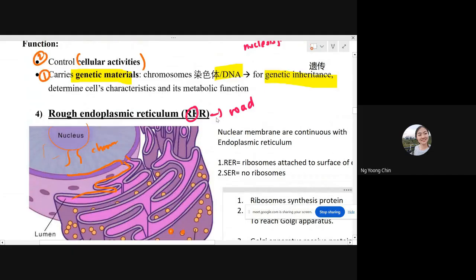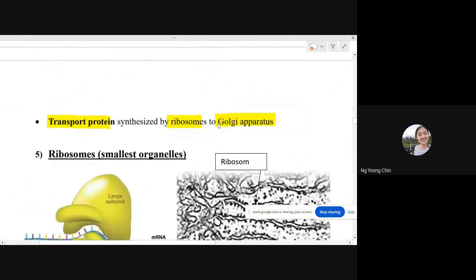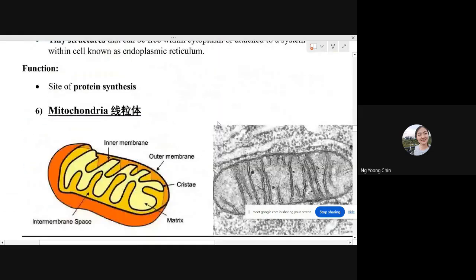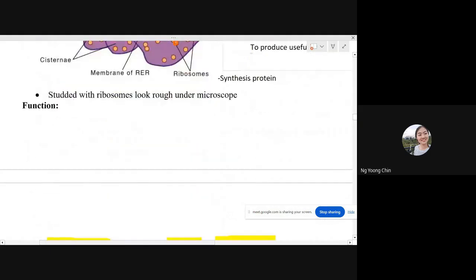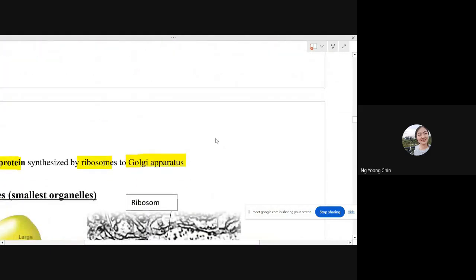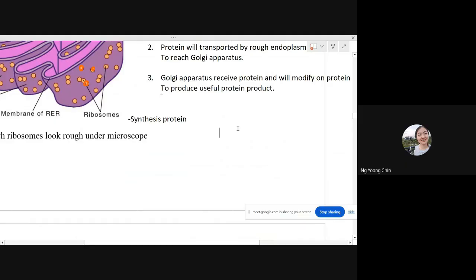Then how about the smooth endoplasmic reticulum? The smooth endoplasmic reticulum is actually not included in your syllabus, but I think it's better to know. The function of the smooth endoplasmic reticulum is to help in detoxification.